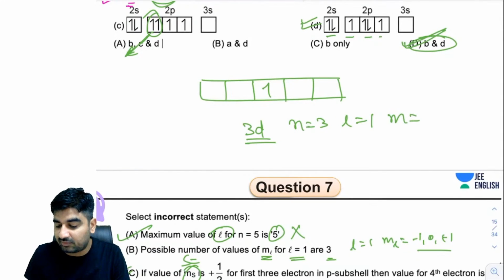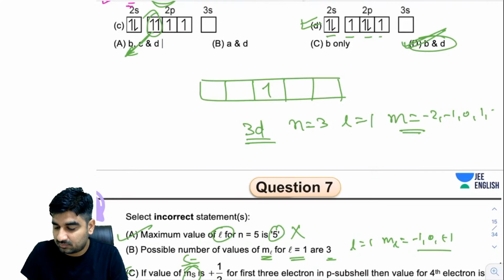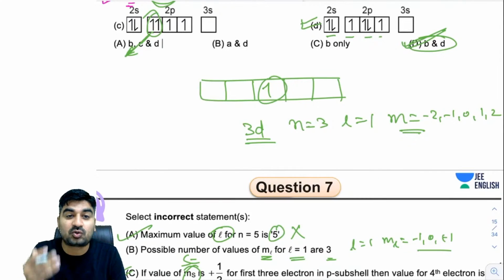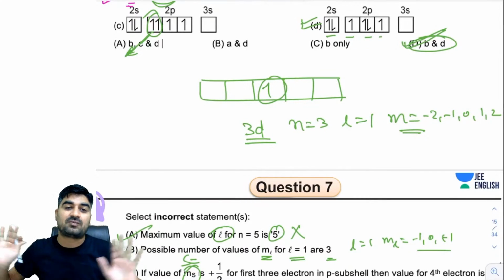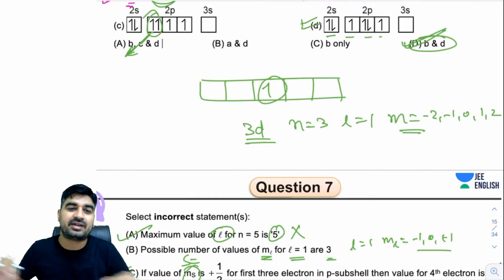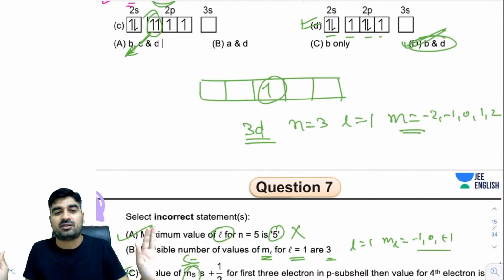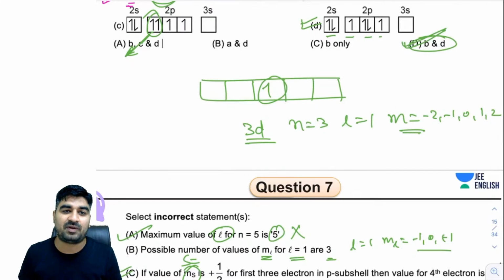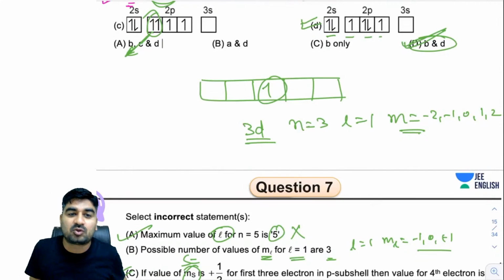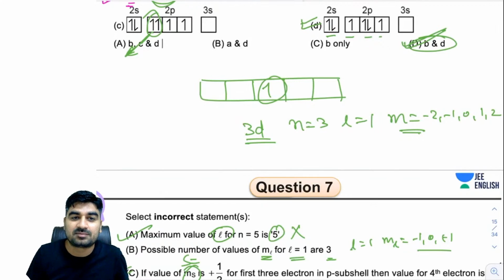So what can be the value of M? M can have 5 values. I can place this electron in any. He is free. He has 5 empty bedrooms. He can sleep anywhere. It's like you have 5 rooms in a 5-star hotel. So 5 combinations are possible.